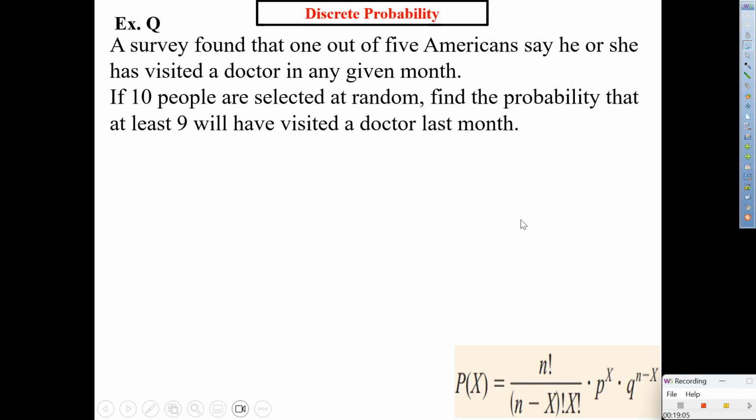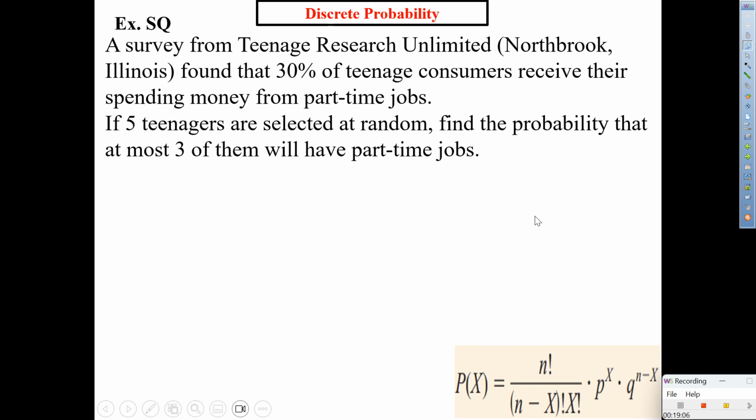Now check this out. Look up to the screen. Don't copy it. It reads, a survey from Teenage Research Unlimited, Northbrook, Illinois, found that 30% of teenage consumers receive their spending money from part-time jobs.